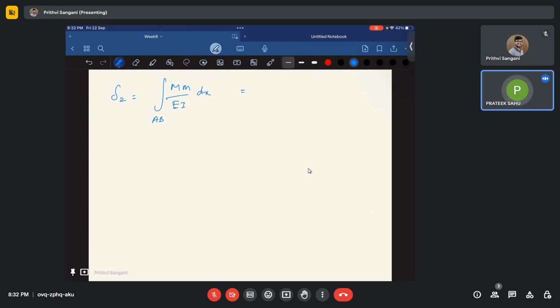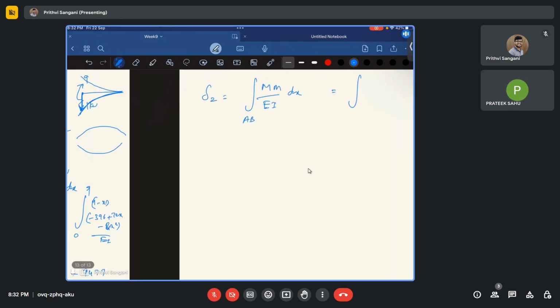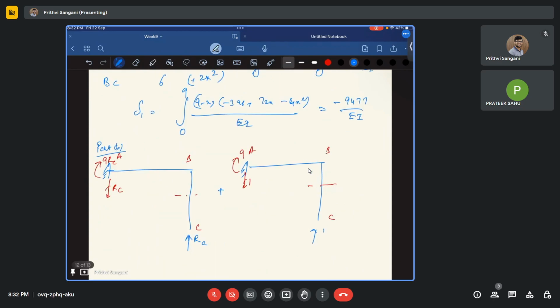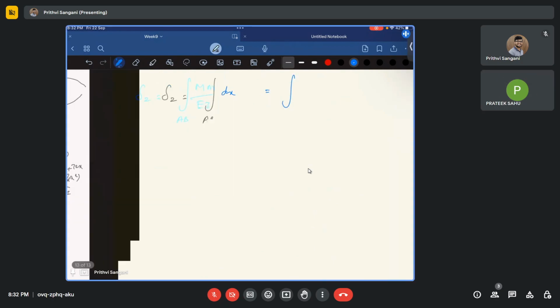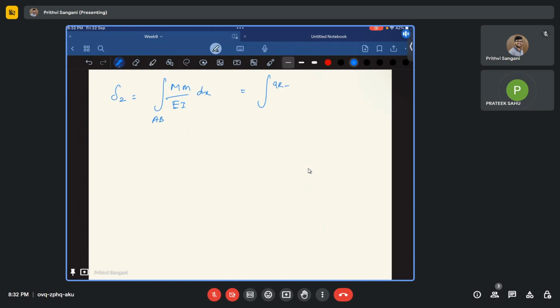So what is my M? Now you need to tell. This is 9 minus x, yeah. But here it is RC, right? So 9R minus RX. And again this is 9 minus x by EI dx, 0 to 9.